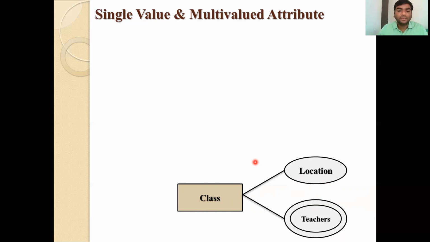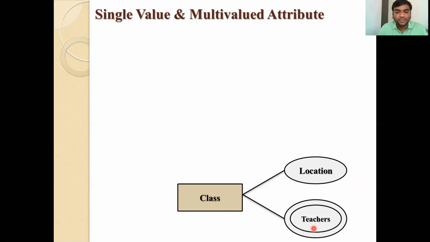That is the location of the second year class. Teachers are the attributes for that class. So consider one example of class. Class name is second year computer engineering. Location is A building, third floor, in XYZ classroom.